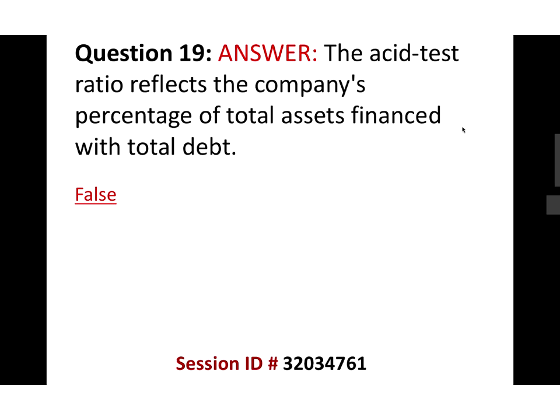First of all, the acid test ratio deals with current liabilities, not total. Current are those things that are due in a year, not the total. So this is false because of the word total in there. And also, it's not all current assets for the quick ratio. It's cash plus receivables plus short-term investments. So this is false for two reasons. We are in that 5-second rule now.